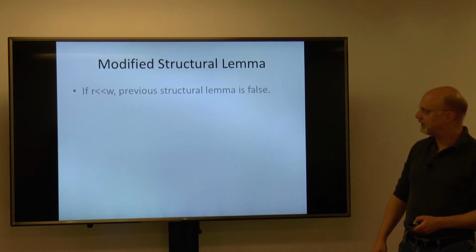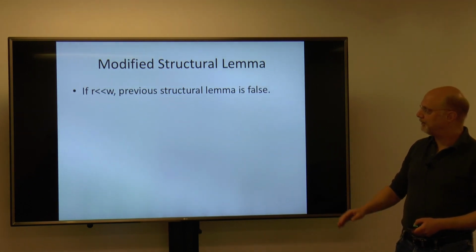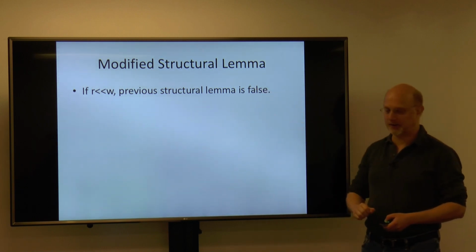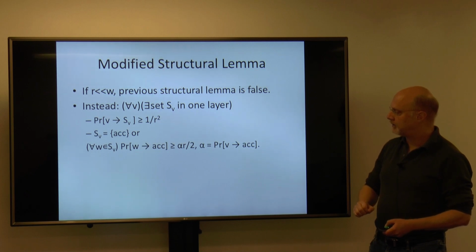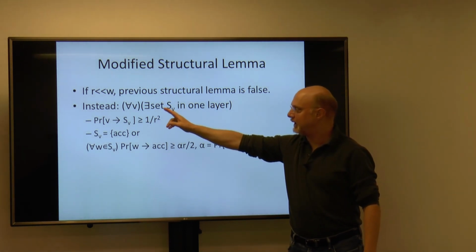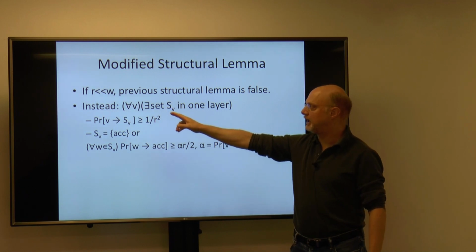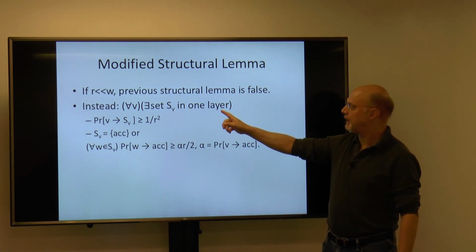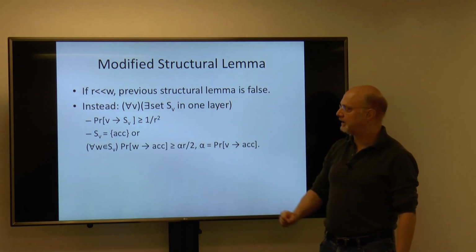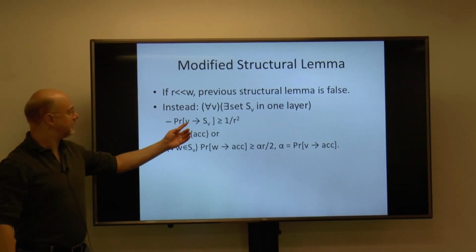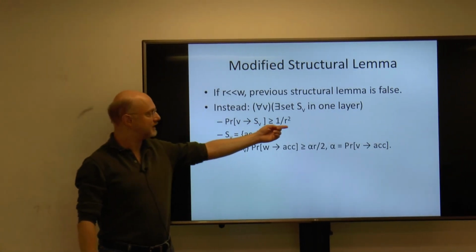And so here we have to modify the structural lemma. So here the structural lemma says for any node V there exists, instead of one node, we get a whole set S_V depending on V in some subsequent layer, but some fixed layer, such that the probability that you go from V to S_V is significant.